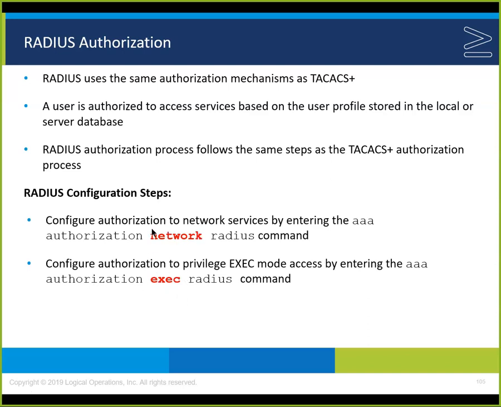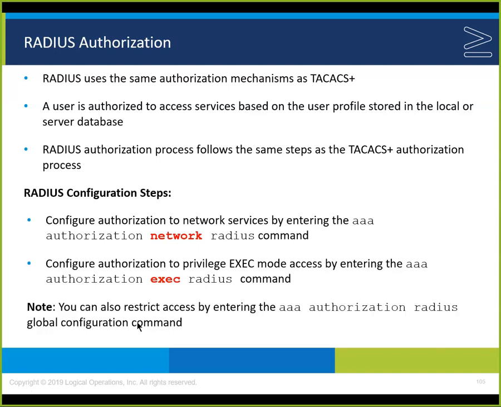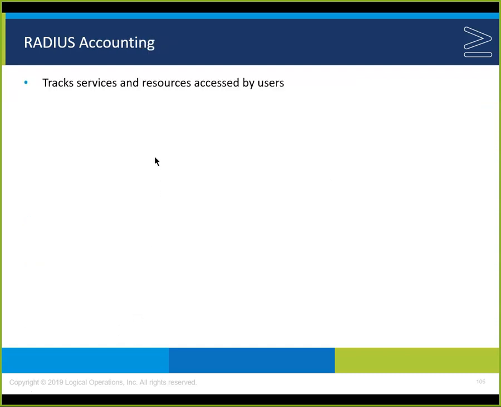And these are the classification of the commands that we can do. The exec, the privilege exec commands. The network commands, can we do IP addresses and the network sorts of configurations on the device. Restrict access by entering the AAA authorization Radius global configuration command.